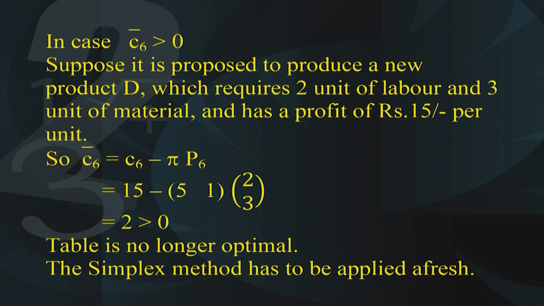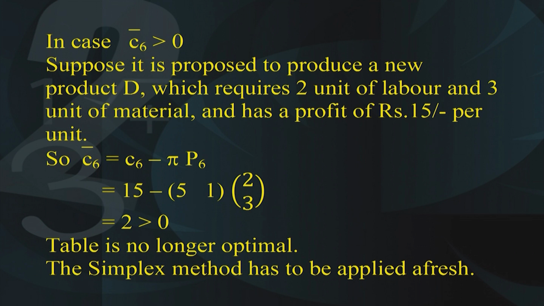Again, let us calculate C6 bar, which is given by C6 minus pi times P6, that is 15 minus 5 1 multiplied by 2 3, and this comes out to be 2. Now, 2 is greater than 0. This indicates that the solution is no longer optimum.